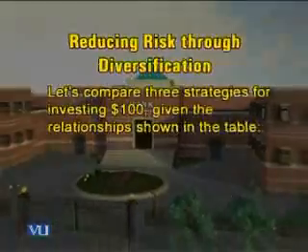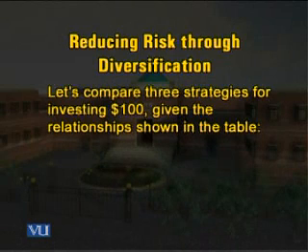Possibility number 1, invest all the money in XYZ. Possibility 2 is invest all the money in ABC, and possibility 3 is invest 50 in one and 50 in the other. And that we have reflected on this particular slide.